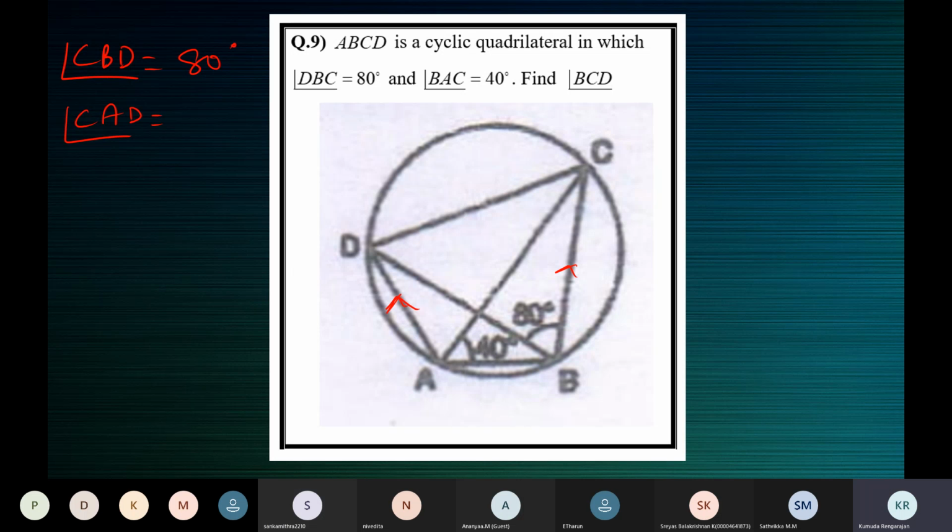Minor arc CD subtends CBD. The same arc CD subtends CAD. It's very clear from the way we name the angles. CBD, CAD. See, CD is the arc. The angles are made at the points B and A. Angle CBD is made by the minor arc CD at the point B on the circumference. Angle CAD is made by the same arc CD at the point A on the circumference.